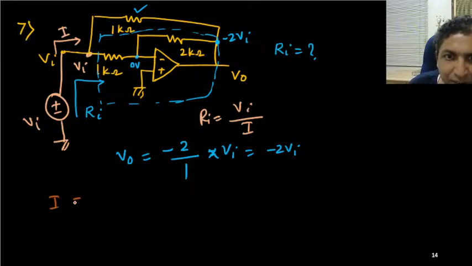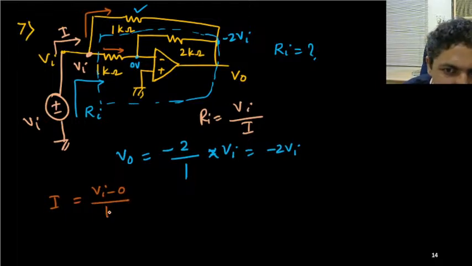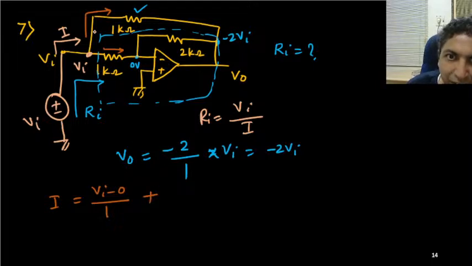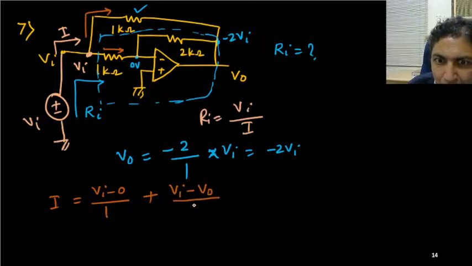This current supplied by the source, that is I, will be one current through this side and another current through the other side. So this side current is Vi minus 0 by 1K, that is a milliampere, plus the current through this side, which is Vi minus V0 by 1K again.